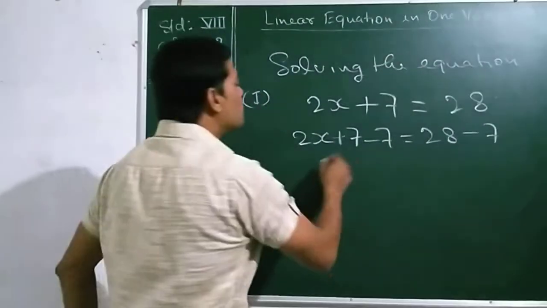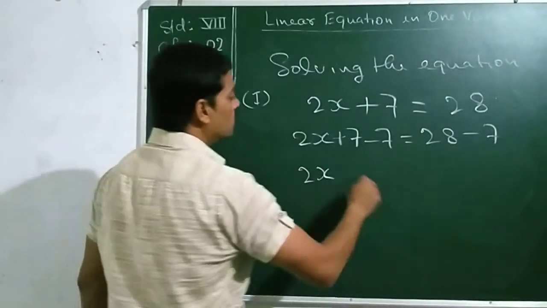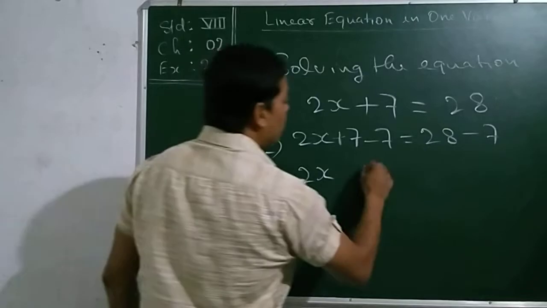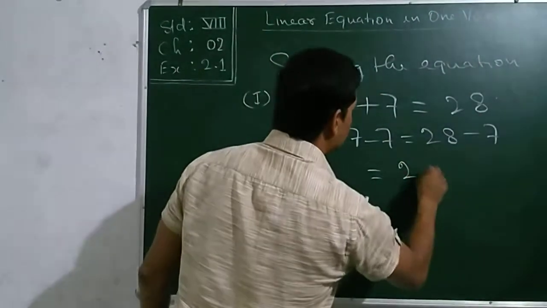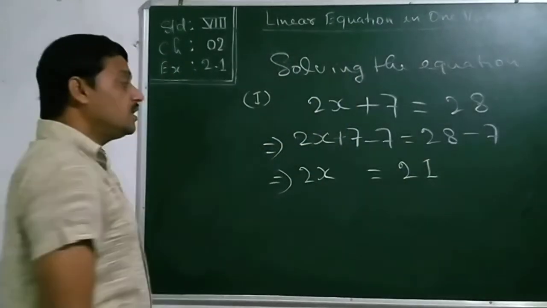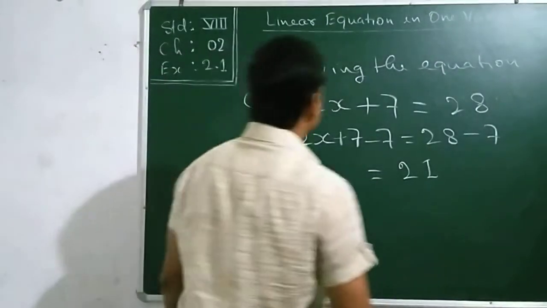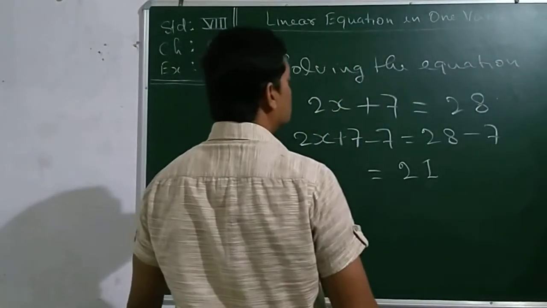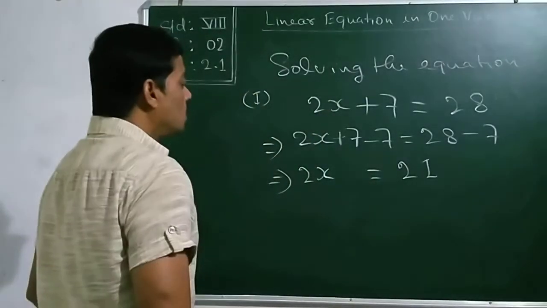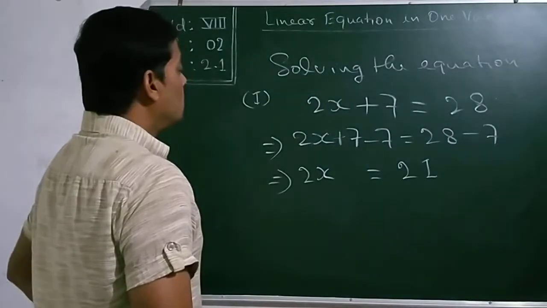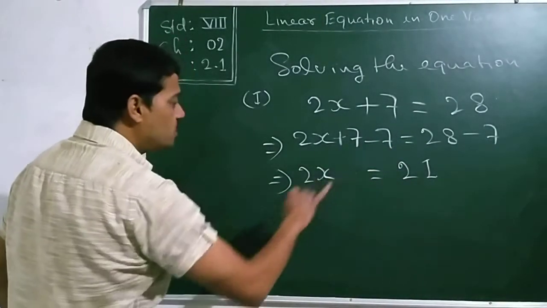Thereafter, this reduces to 2x in the next step, and this reduces to 28 minus 7, 21. 2x equal to 21.